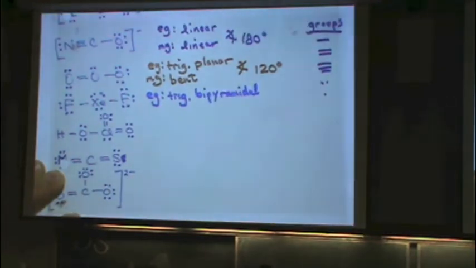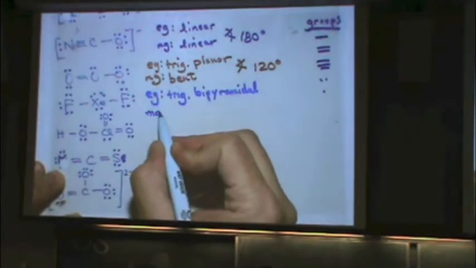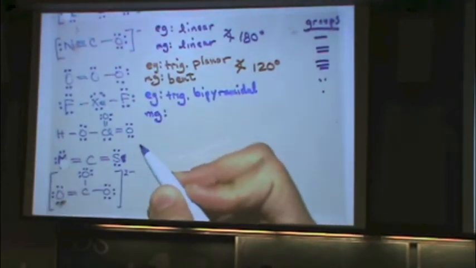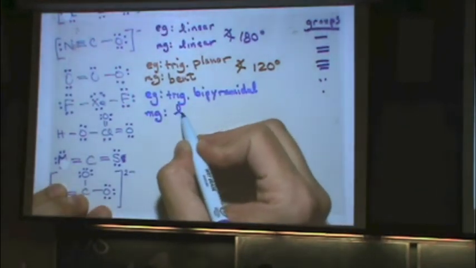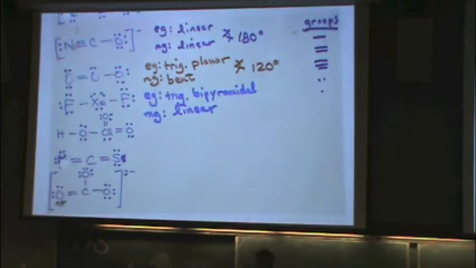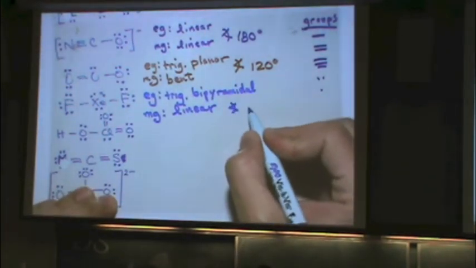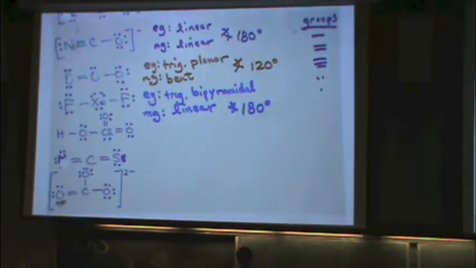So it's a triangle base with 2 pyramids coming out of it. Molecular geometry now, if 3 of them are lone pairs, what do we call that? It's linear. So when there's 3 lone pairs, it's called linear. For linear, what's the bond angle? 180, 360 divided by 2. Okay, let's try the next one.